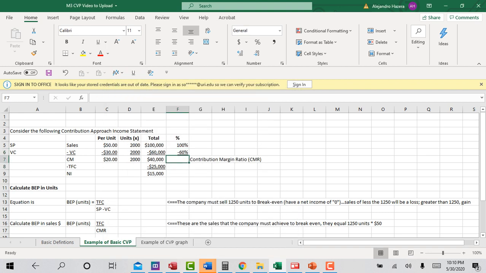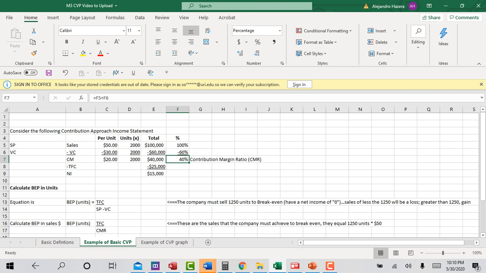Okay, and now if you take your sales and subtract out your variable costs, that gives you 40% of sales. And you can see that your contribution margin is 40%, which is 40,000 divided by 100,000 basically. But that's going to be an important shortcut for us when we have to compute the break-even point in dollars, let's say.